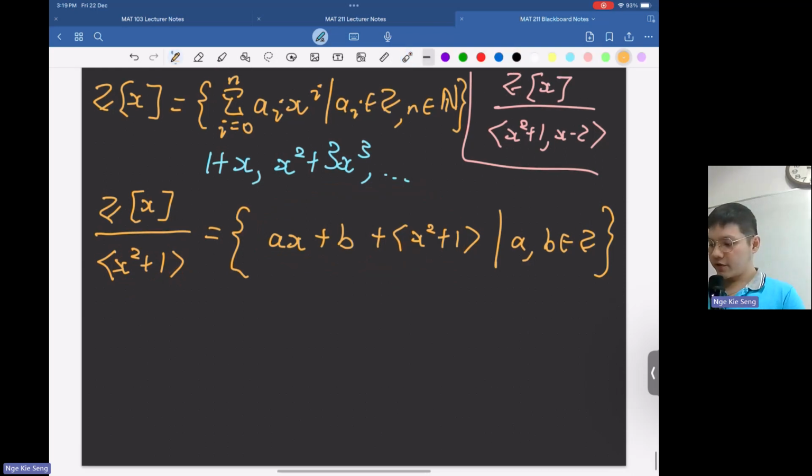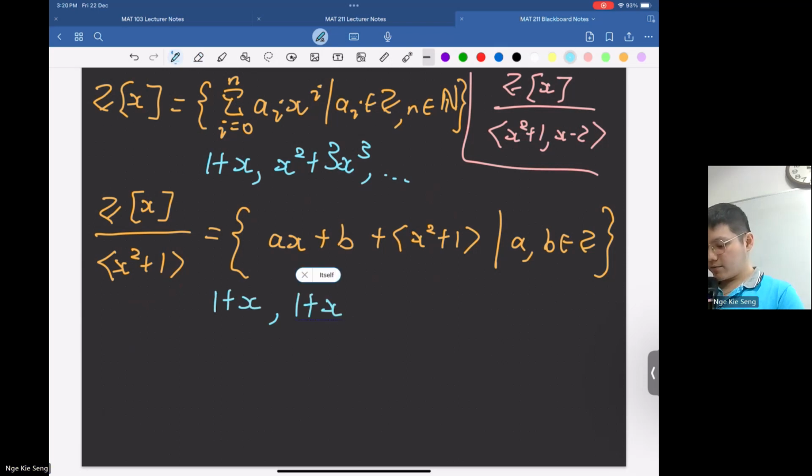Let's give an example. For example, 1 plus x, and then 2 plus x squared.